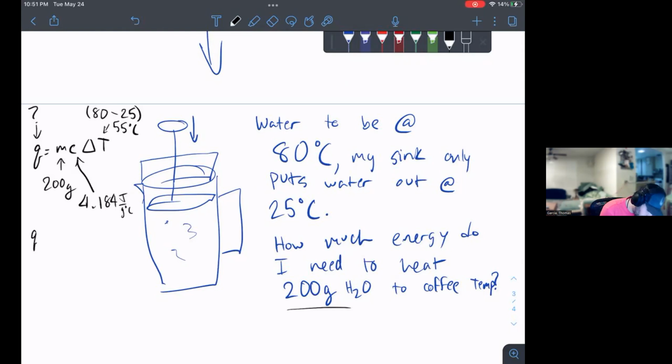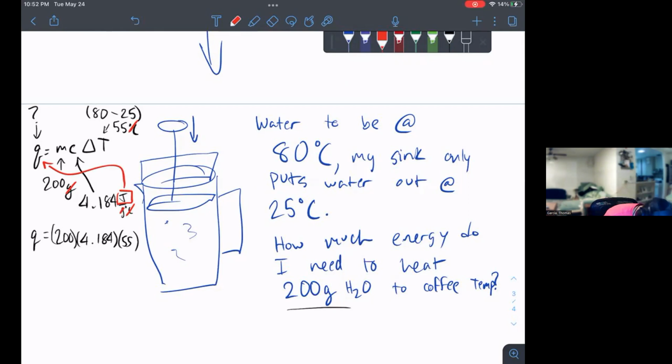So when I go ahead and plug all this in, 200 times 4.184 times 55. And one quick thing to note is grams will cancel with grams, degrees Celsius will cancel with degrees Celsius, and we will be left with joules, which is what we want for our equation anyways. So all we have to do is plug this into our calculator.